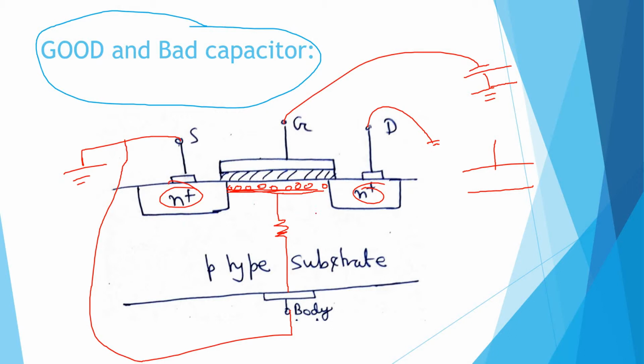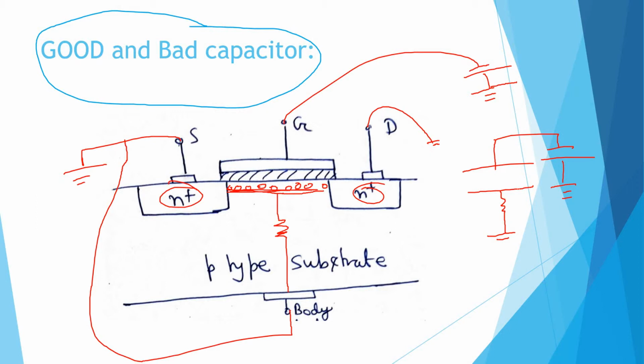Okay, so as a result, in this case you cannot get one ideal capacitor, rather you will get this type of circuit if you draw it in terms of network theory. Here we are applying negative potential at the gate, and here it is grounded.